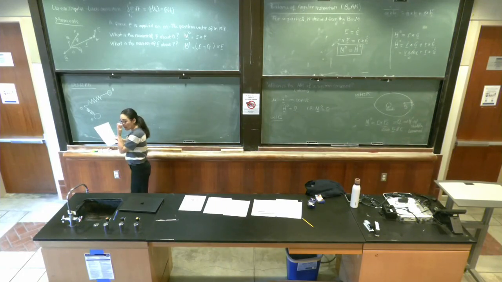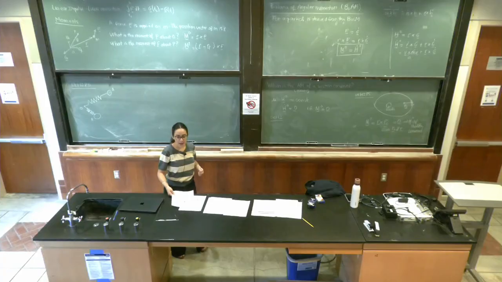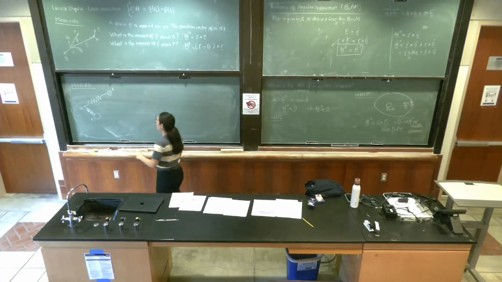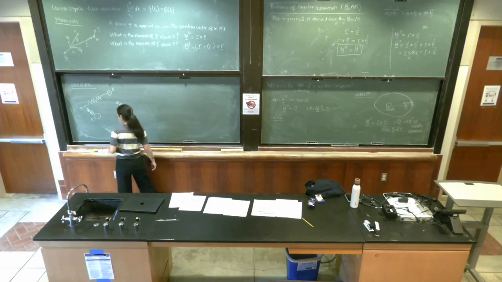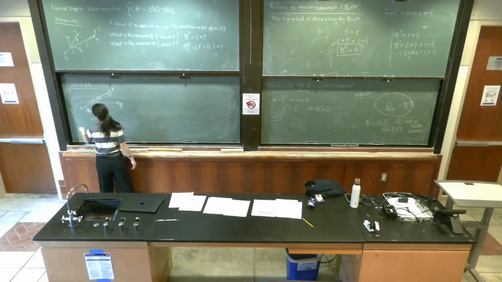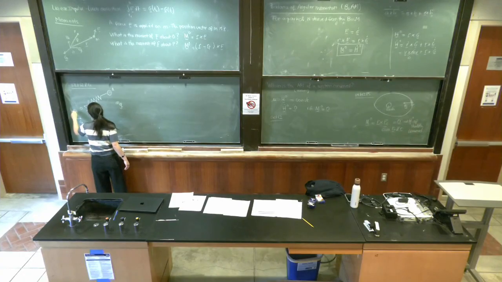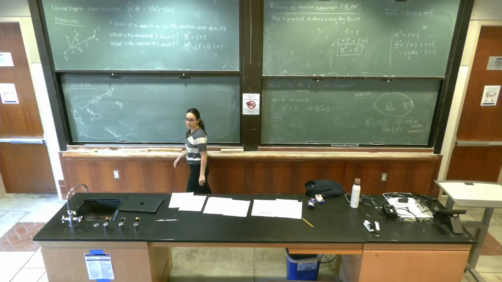Okay. So this is happening in the horizontal plane. Gravity is acting vertically down at G. I can draw a Cartesian basis. I can draw a polar basis if I want.